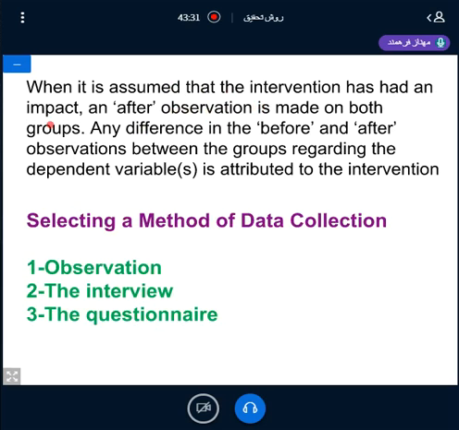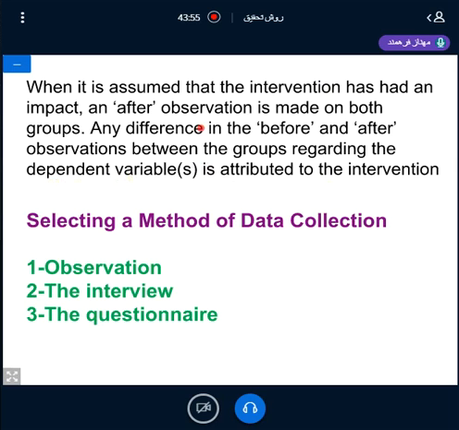What is a sum that the intervention has had an impact on both groups? Any differences in the before and after observations between the groups regarding the dependent variables is attributed to the intervention.